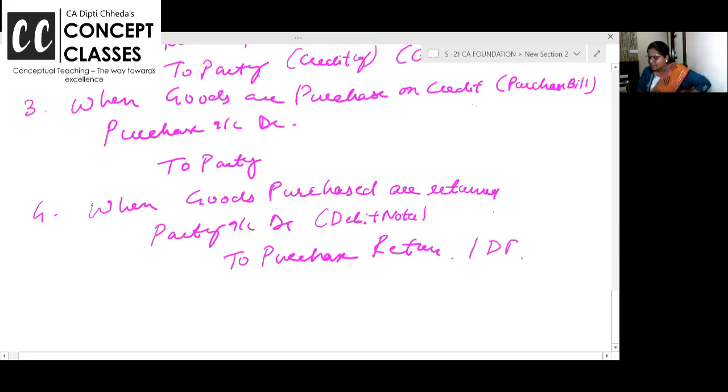Even in case of discount received: the party says, I have purchased 100 of goods from you, I'll pay you only 95. So 5 rupees is discount received credit and party debit. Whenever you are debiting the party, debit note.